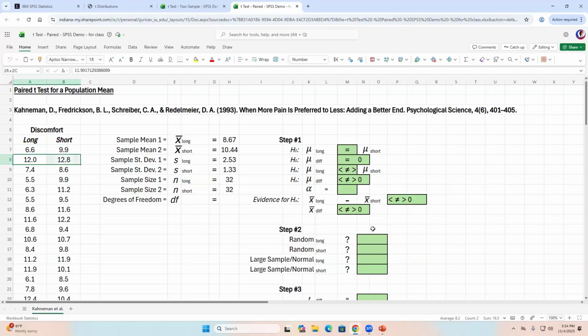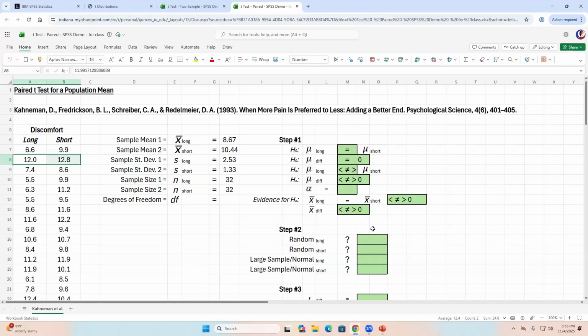And if you take a look at the next person here, let's say they have a physical condition that makes them hypersensitive to cold water, and they were just in agony. Well, they're hypersensitive in the long condition, and they're hypersensitive in the short condition. So their hypersensitivity cancels out when you're comparing the two conditions.